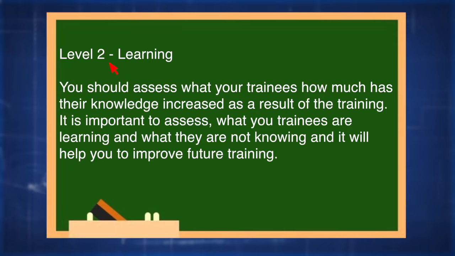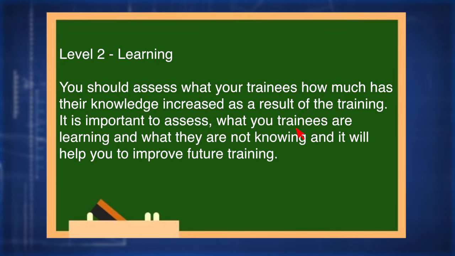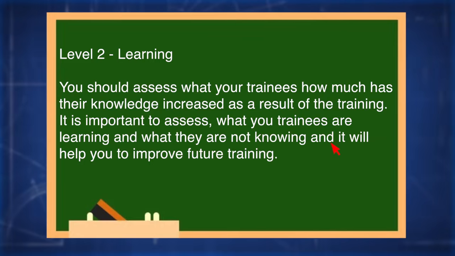Next, level 2 is the learning level. Under this level, you should assess your trainees by knowing how much their knowledge has increased as a result of the training. It is important to assess what your trainees are learning and what they are not learning, and it will help you to improve future training.